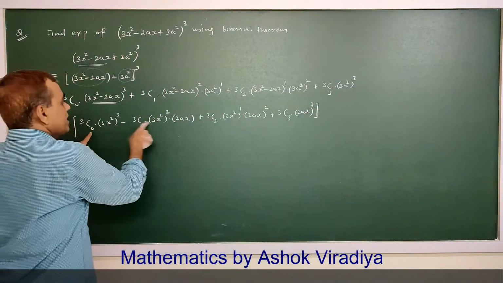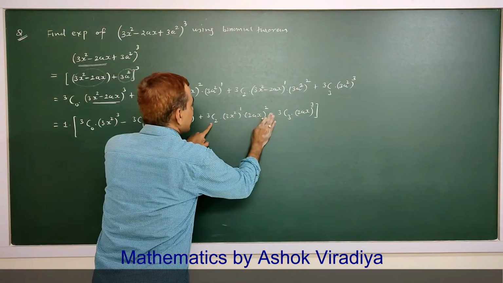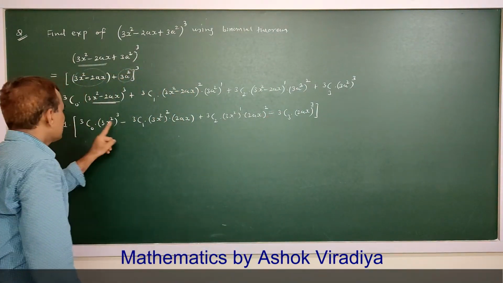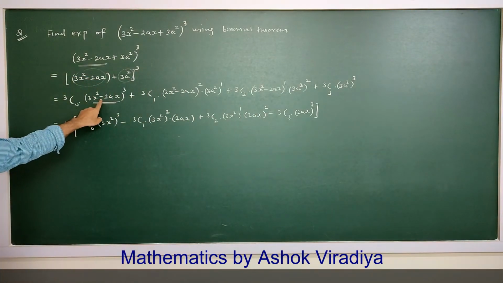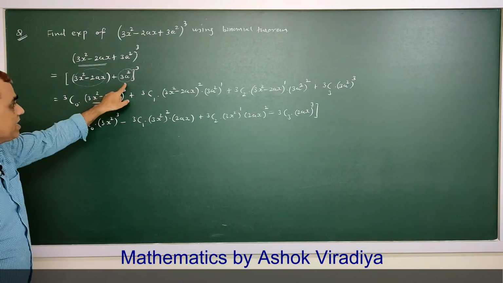So this is 1 2 3, alternate signs, here minus, plus, minus, plus, because of the minus sign. So we have applied (a minus b) raised to n.